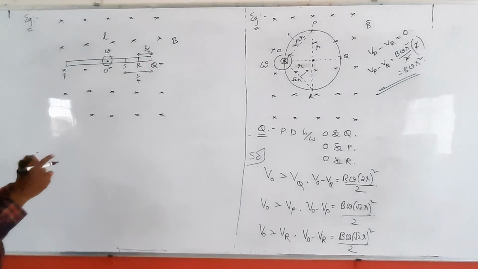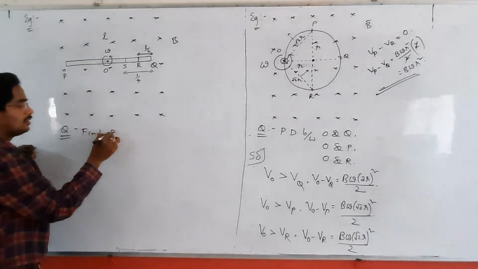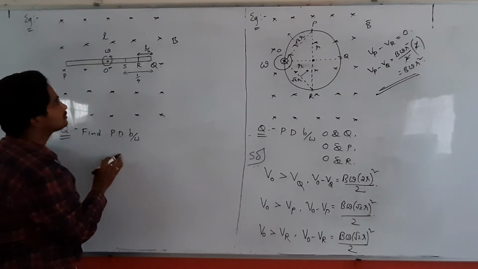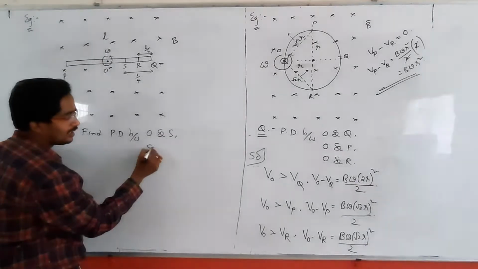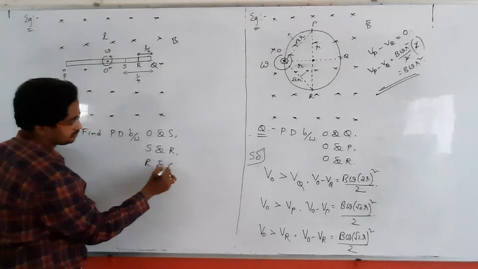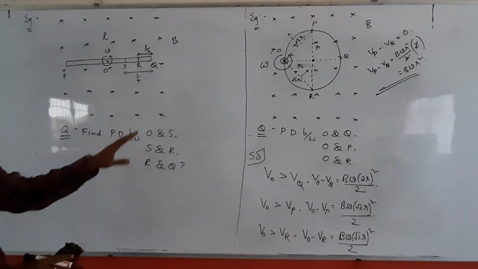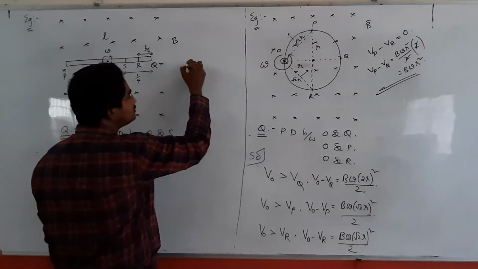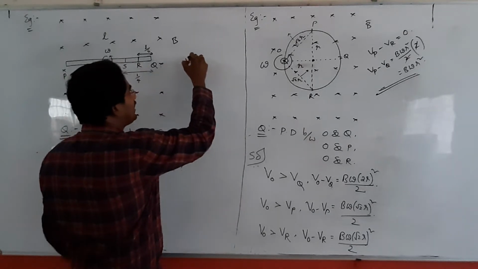Now the question is to find the potential difference between O and S, S and R, and R and Q. Same order. What is the key point here? Here is the hint.